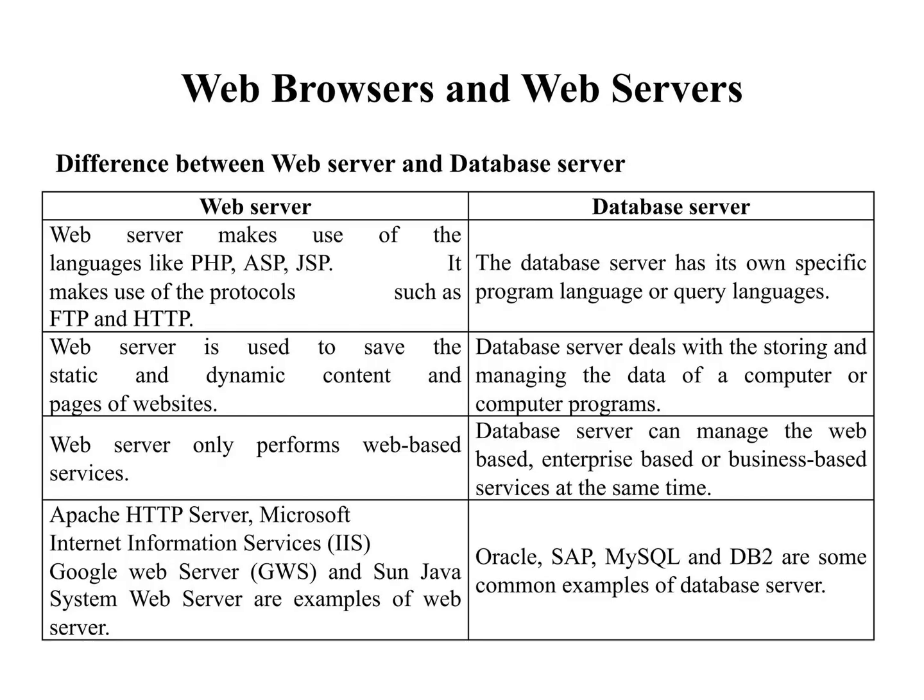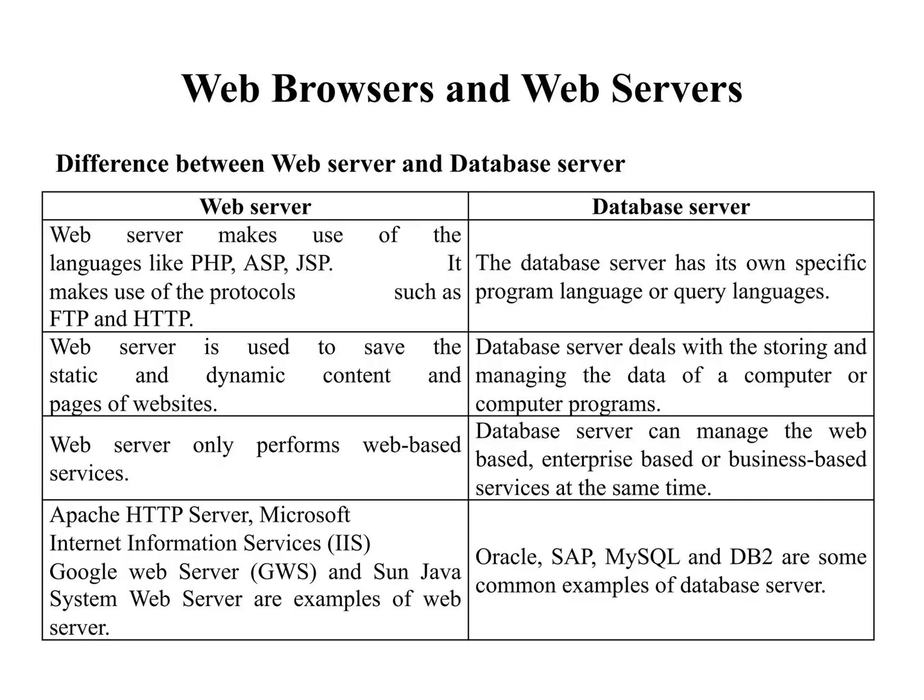Next, web server is used to save static and dynamic content. But the database server stores and manages the data of your computer programs. The web server only performs web-based services. Database server performs and manages the database, enterprise-based or business-based service at the same time.